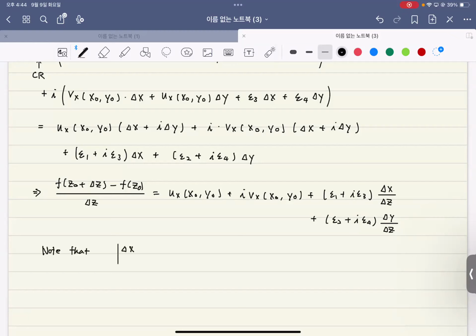Now we need to see that, so let me consider the modulus of this fraction, which is delta x over delta x plus I times delta y.